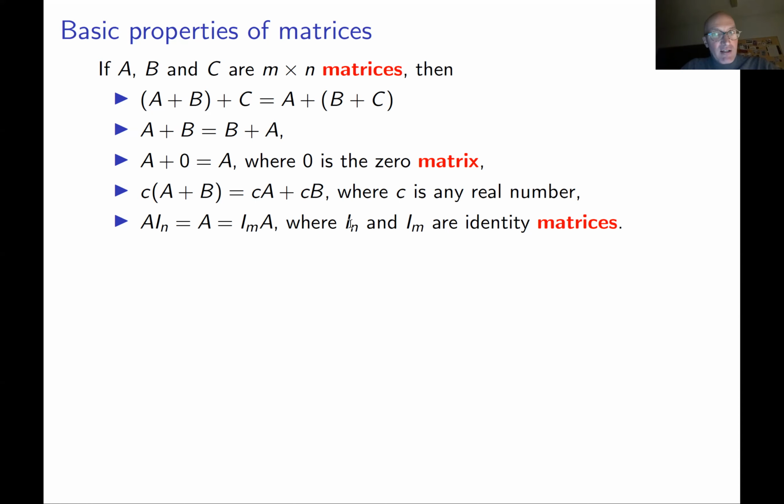And you get A. You have to check this accurately by yourself, maybe for small m and n, that you're going to get A. This is very important. Similarly, if you take the m times m identity matrix, you can multiply it and matrix A in the opposite order: I_m on the left, A on the right. And again, you're going to get matrix A.